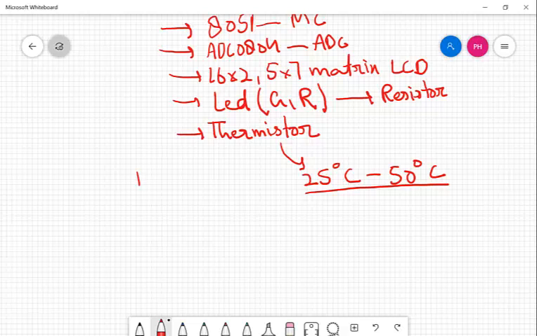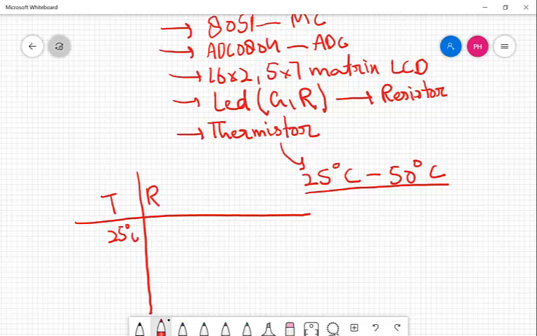So let us assume that we have a particular thermistor whose resistance changes like this. At 25 degrees Celsius, it has a resistance of 1 kilo ohm.